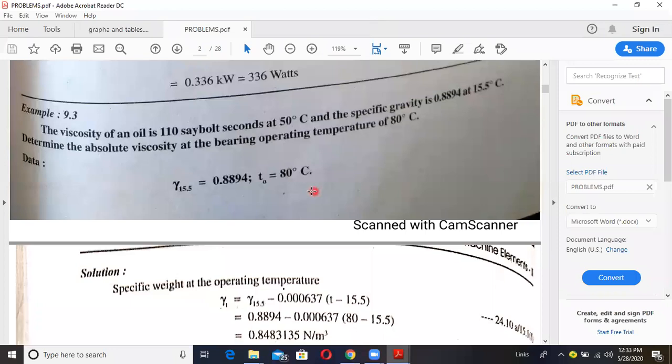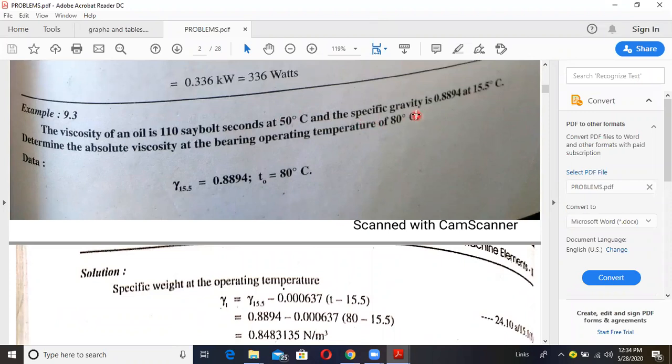See, next problem. The viscosity of an oil is 110 Saybolt seconds at 50 degrees Celsius. This 50 degrees Celsius is related to this 110 Saybolt seconds.